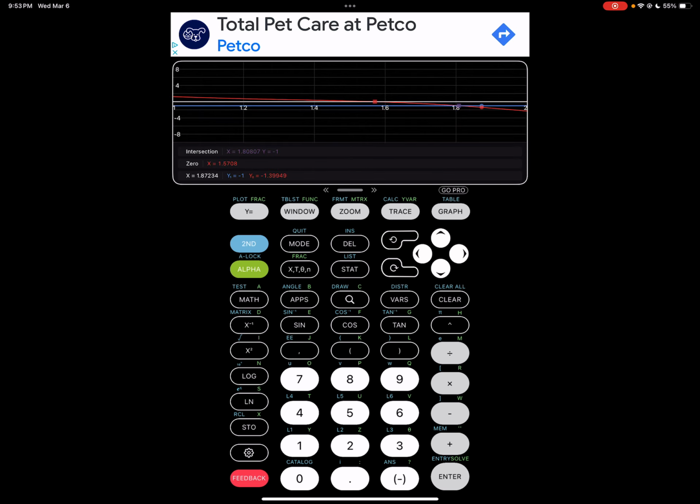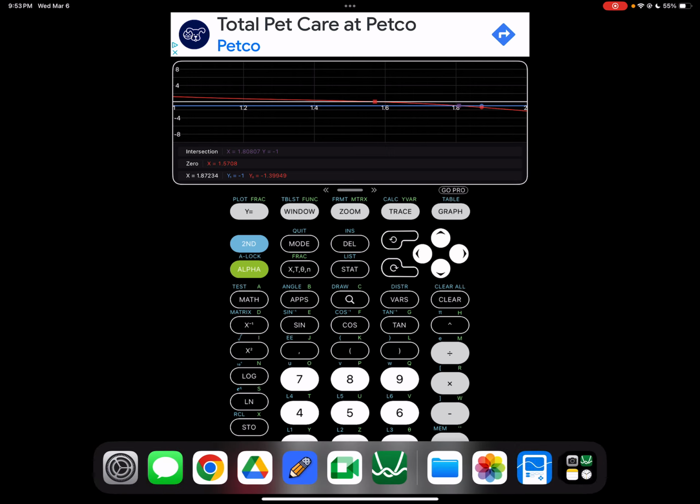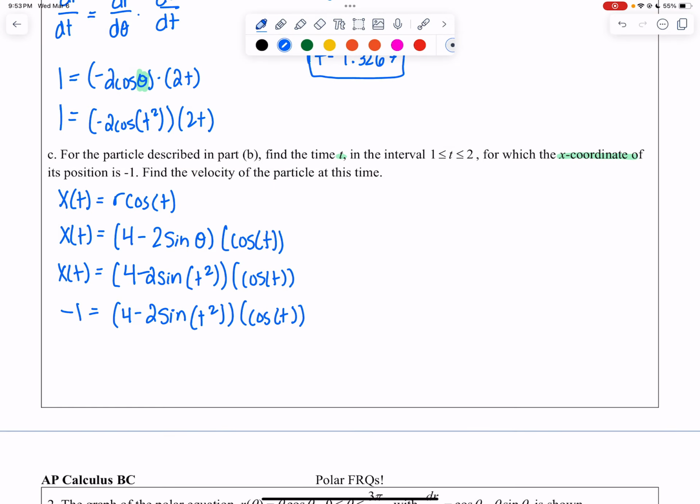That is going to give me my intersection of 1.808. So I have 1.808 for time t. Okay. Now, it says find the velocity of this particle at that time.